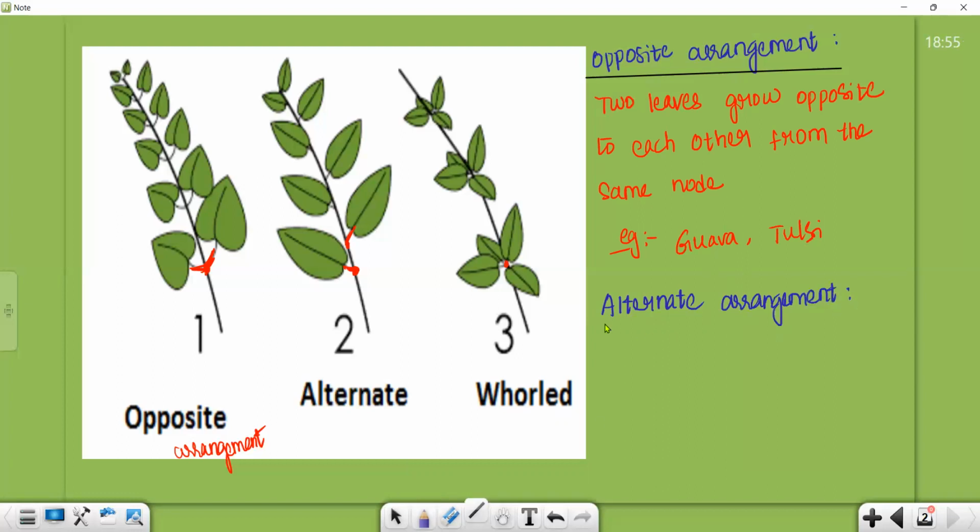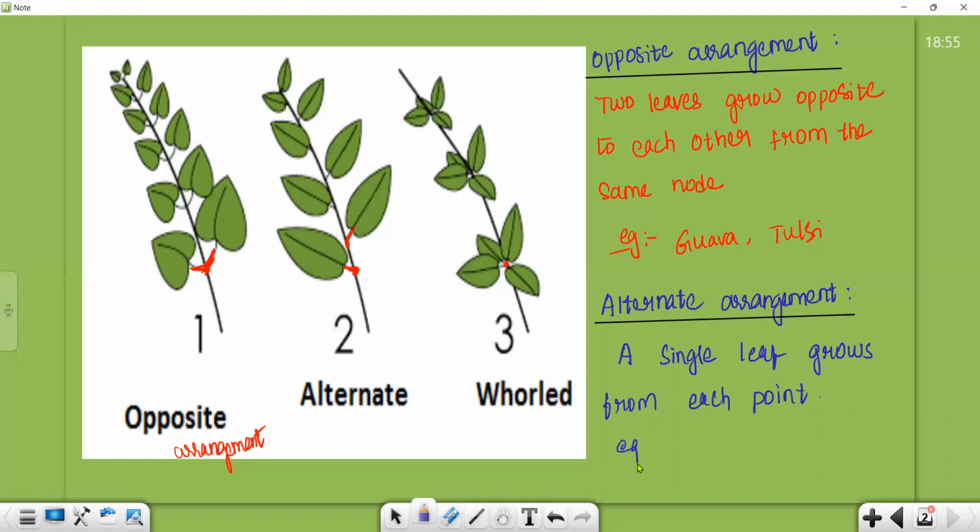So in the alternate arrangement, at each node, only a single leaf arises, right? So a single leaf grows from each point. So examples you can write: mango.